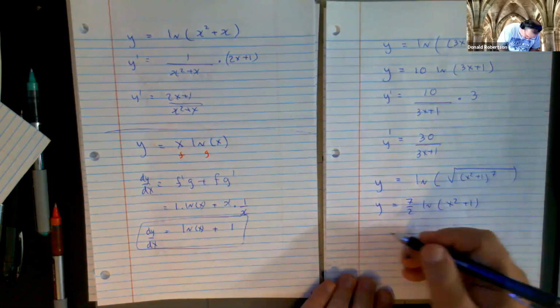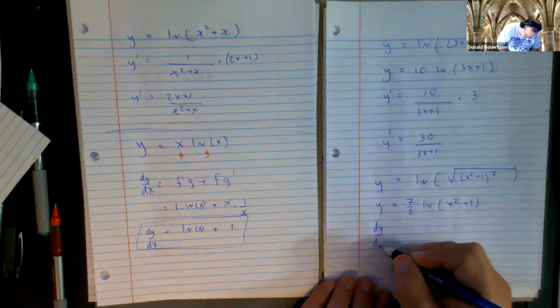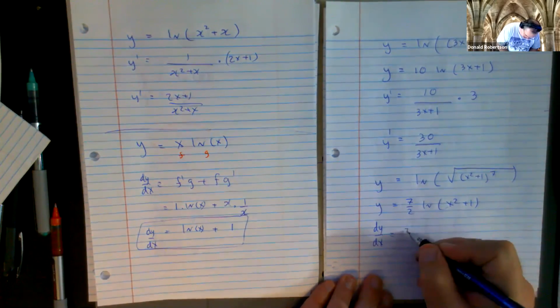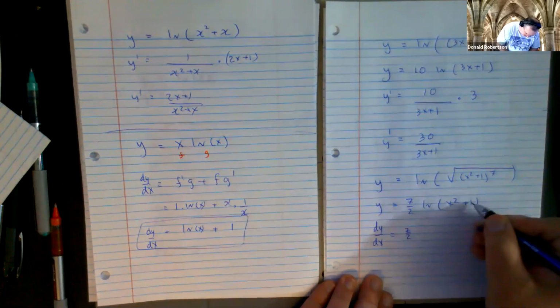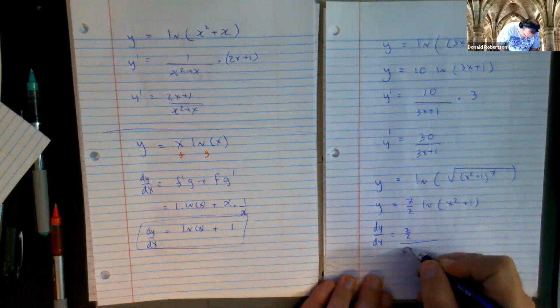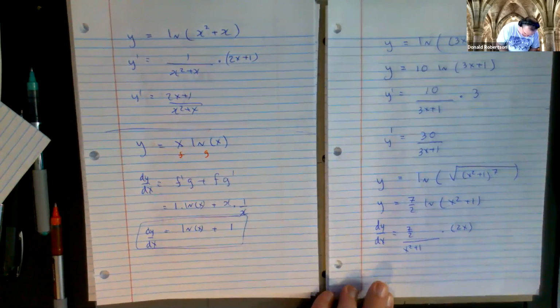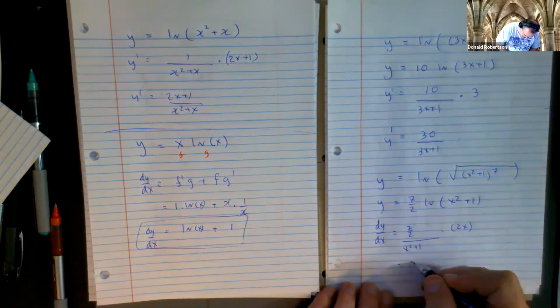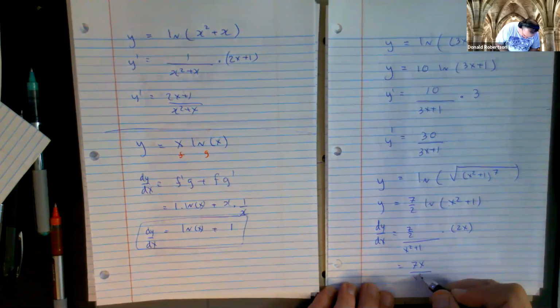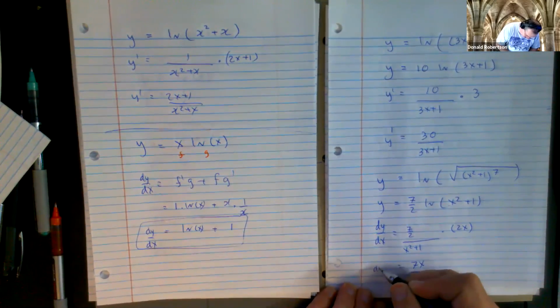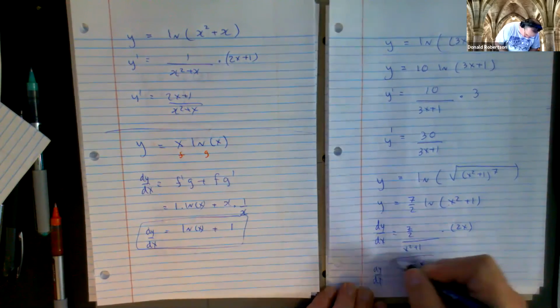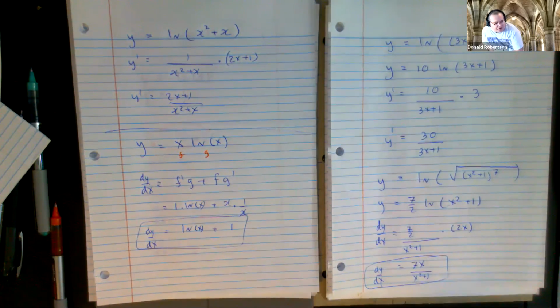In this case, the derivative is 7 halves log of something, 7 halves over that something, times the derivative of that something. Those two get you 7x over x squared plus 1. Isn't that rule, just because you can doesn't mean you should rule, a good rule to be on the lookout for?